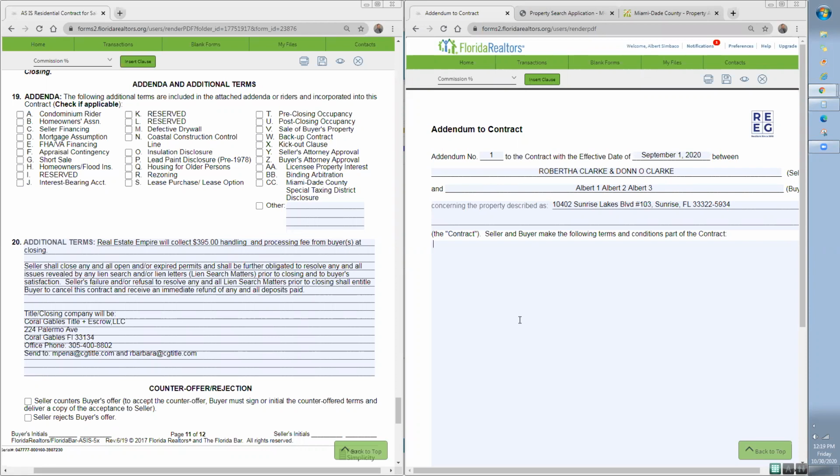Therefore, if the seller is giving a credit to the buyer for any sort of repair, your addendum should state seller and buyer agree that a credit of whatever money, say $2,500, will be given to buyer from seller towards closing costs.